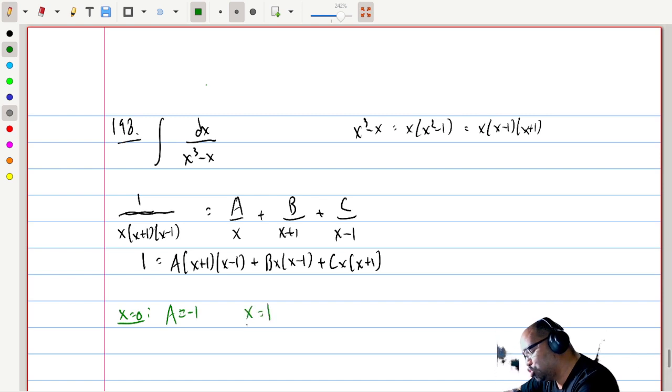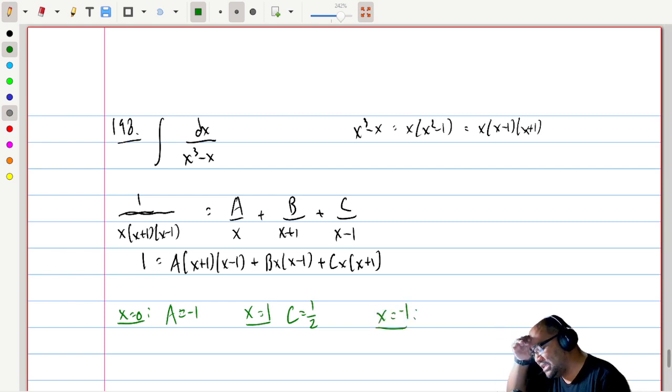If x is equal to 1, okay, we have, let's see here. The A and B terms vanish. So we have 2C, so that means C is equal to 1/2. And if x is equal to -1, I should get something similar here, that I think B is -1/2. Oh no, I'm sorry, B is equal to, yeah, 1/2.